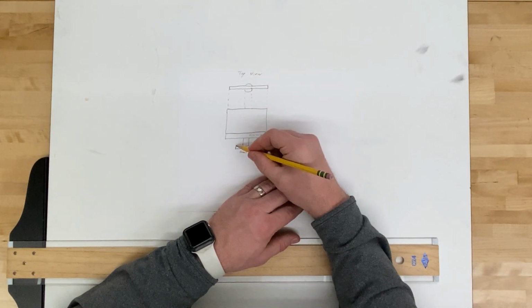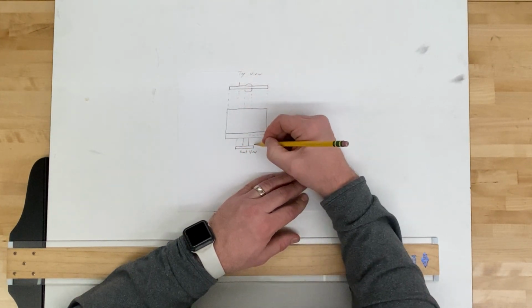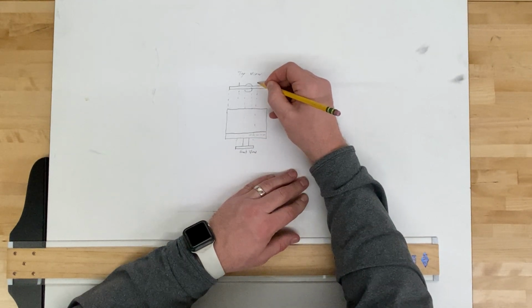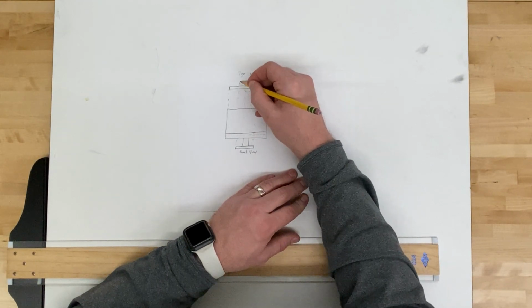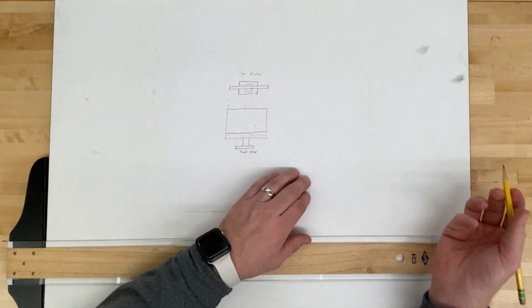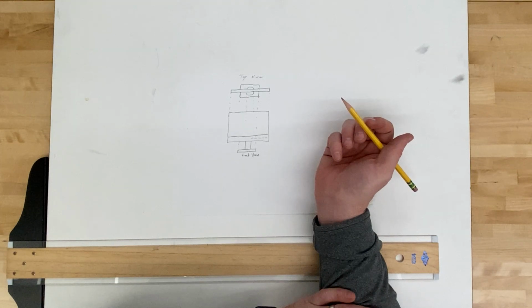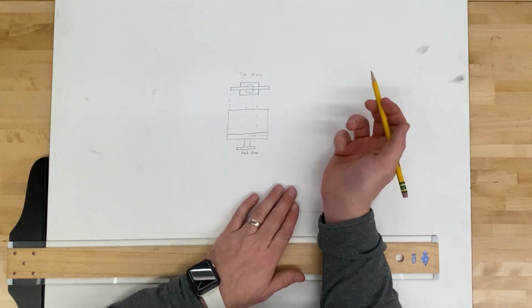And then you have a base, you transfer those lines up. Same on this side. So everything lines up. You can steal lines, right? Same for the side view.